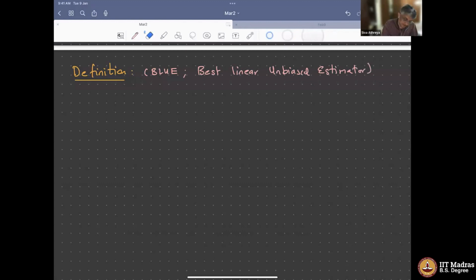Or estimate, I should say. So I want to give a specific definition, called BLUE, to identify among all linear unbiased estimates which is the best one.